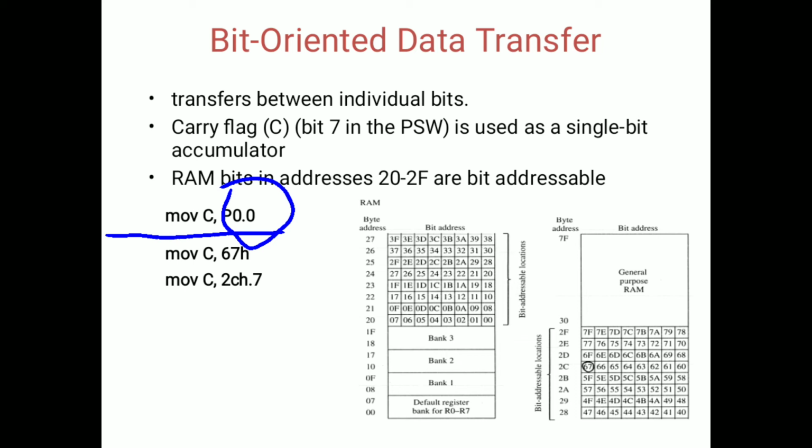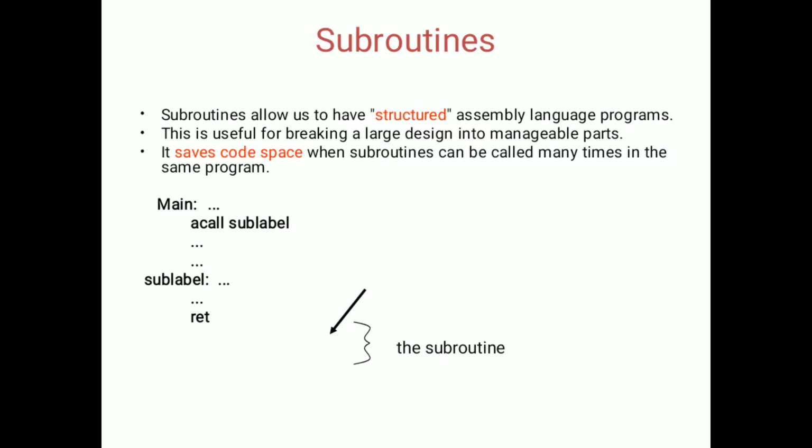If we write P0, the complete port 0 data will be moved to register C. If we write P0.0, the bit at bit 0 of port 0 will be moved to the register C. In this way we can transfer a bit also.